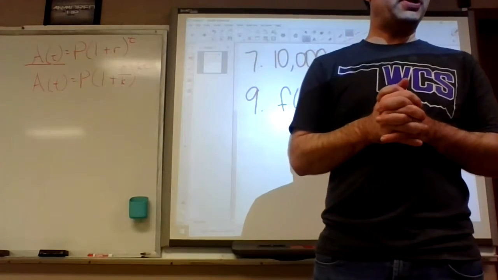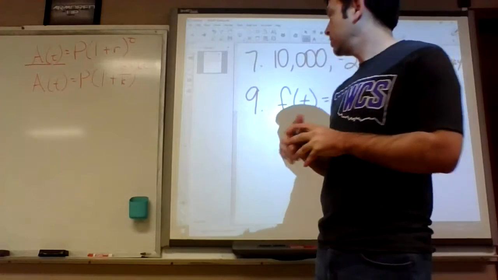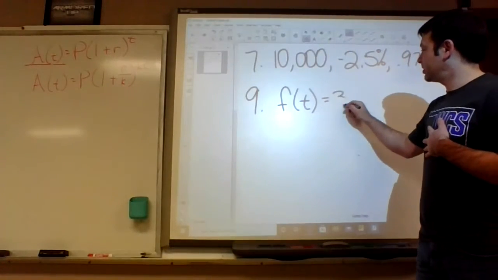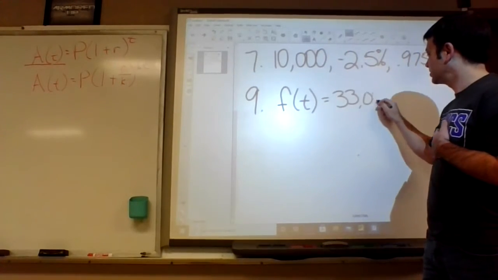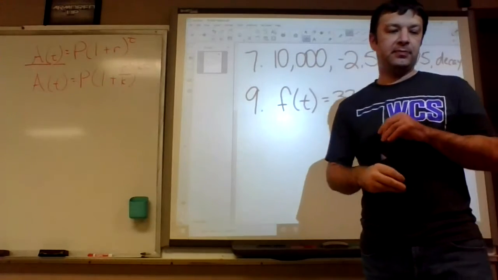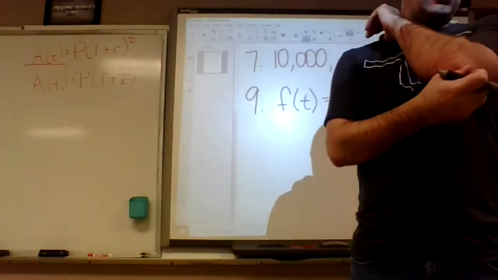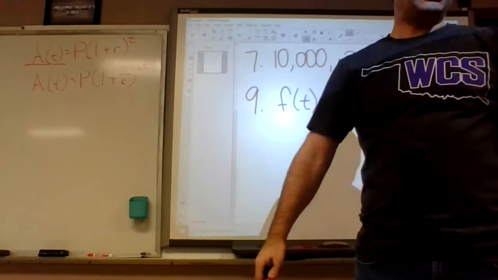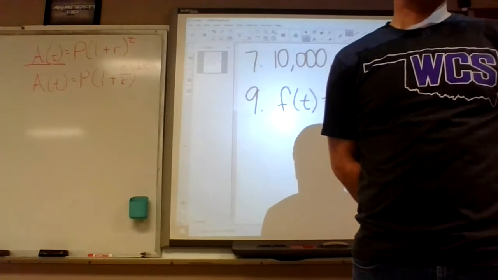What's the 33,000? That's the initial amount, so it just goes up front. It says it's going to lose 1/6.